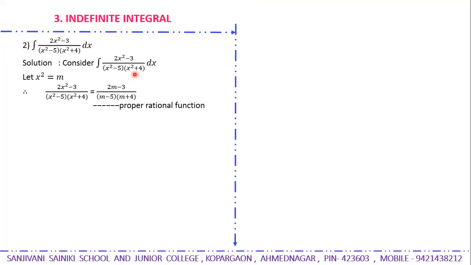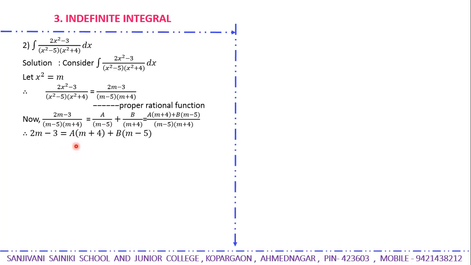How? In this case, we replace that power by some linear variable m, say t, m, n, whichever you like. So we replace this x square by m. So we get a proper rational function in linear form. Then we will find its partial fraction.